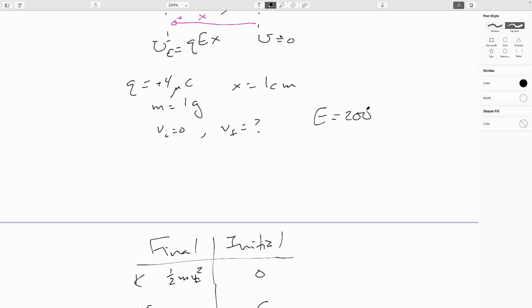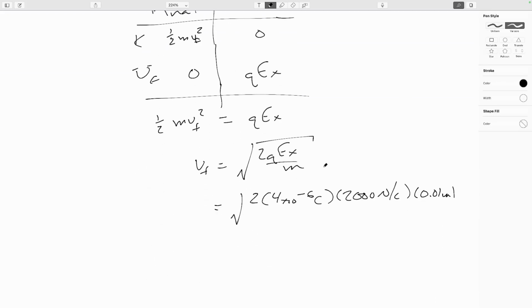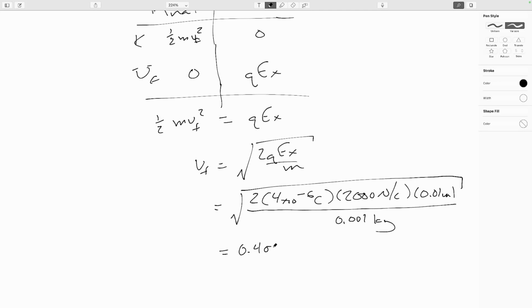This is a 2,000 Newton per coulomb field. And then a 1 gram mass is 0.001 kilograms. All right. So grind that all through, you will get 0.4 meters per second. So 40 centimeters per second.